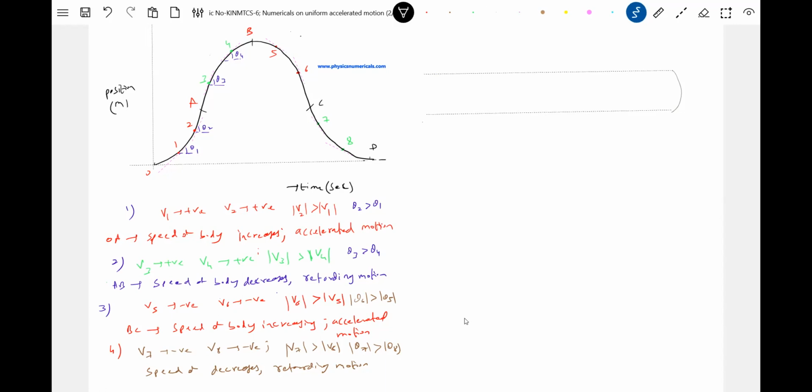So this is the O, A, B, B, C, and this is D. So this is V1, V2, the acceleration AOE. This is a physical motion. Physically it happens. This is a graph. This is what physically happens.